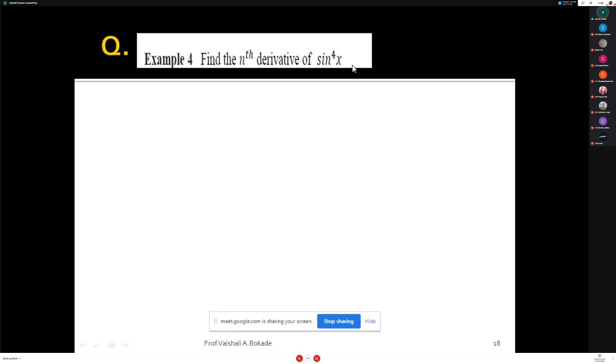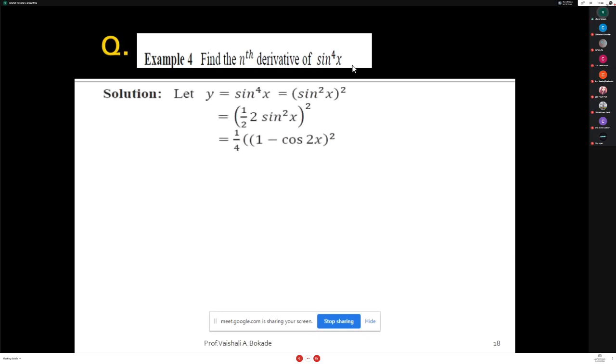According to trigonometric formulae, you have to express sine raised to 4x in terms of addition or subtraction of sine or cos terms. So I write sine raised to 4 as sine square, whole square. Sine square theta is 1 minus cos 2 theta divided by 2. I am using the same formula.